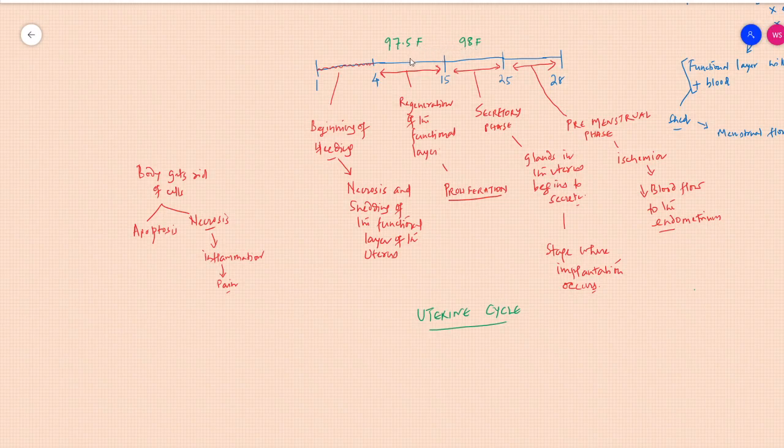During the proliferation phase, it gives the woman an idea as to when she is ovulating. That was one of the bases for the symptothermal method of contraceptive practice. So this is what happens in the uterine cycle.